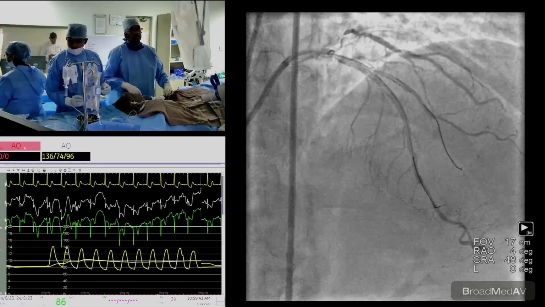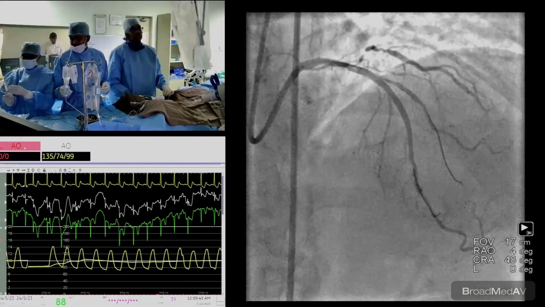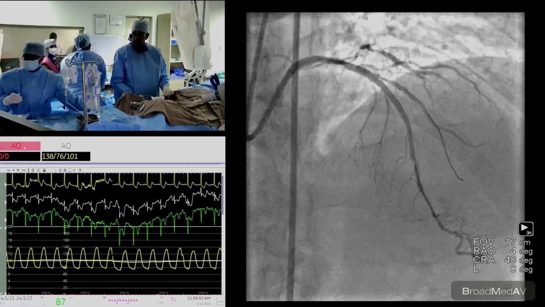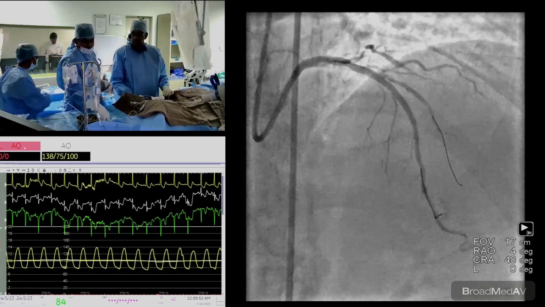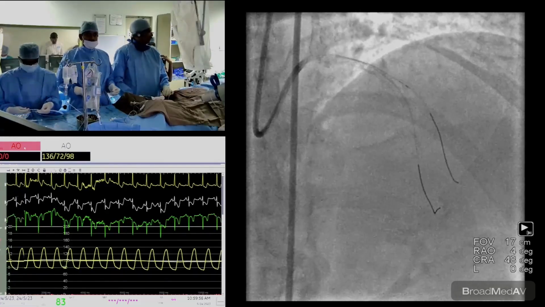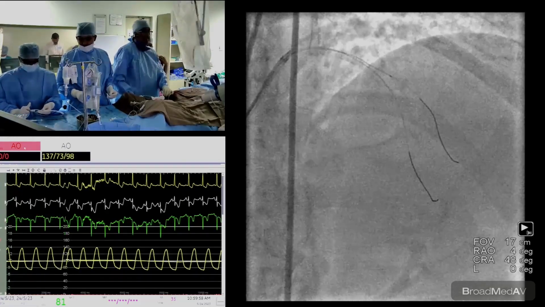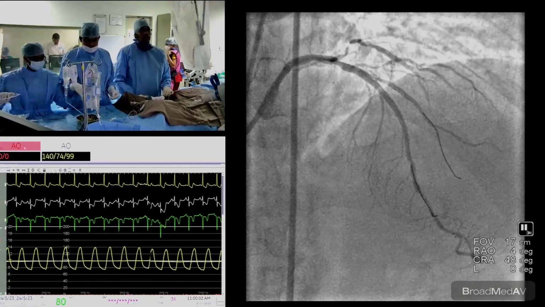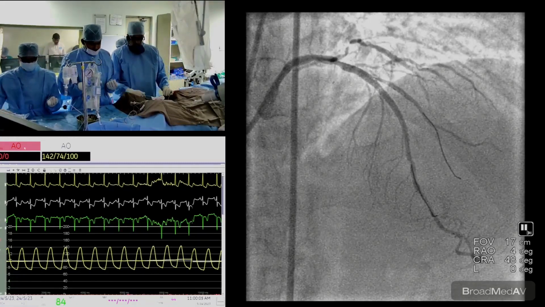Let me recross into the diagonal. Yeah, just give 1,000 heparin, please. So we're now going to go into the diagonal.